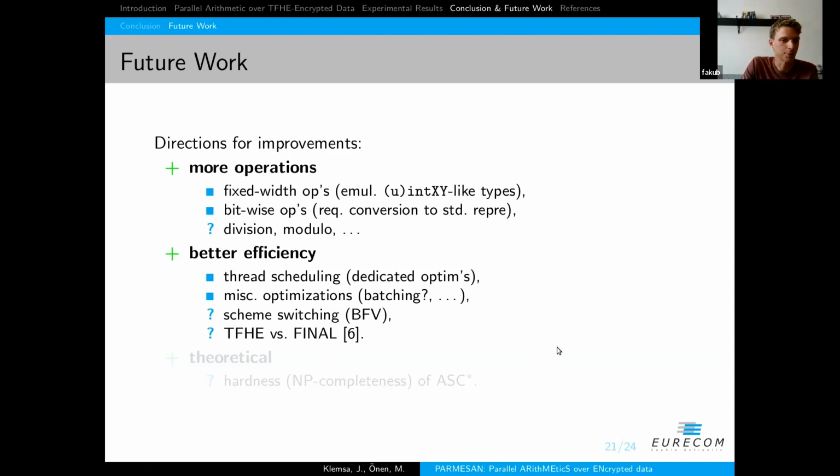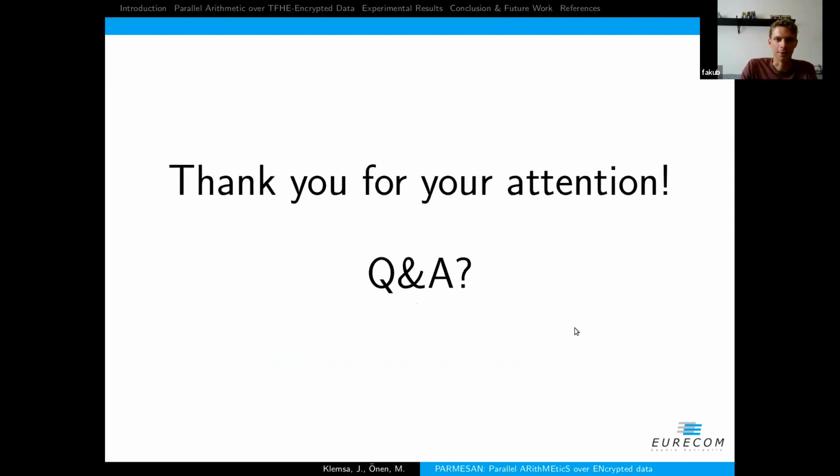Another question mark goes to TFHE versus FINAL: which of these schemes would be more suitable for parallel arithmetic? And there's also a big theoretical question, and that's the hardness or NP-completeness of addition-subtraction chains or free doubling addition-subtraction chains. So that was indeed a bit longer talk.